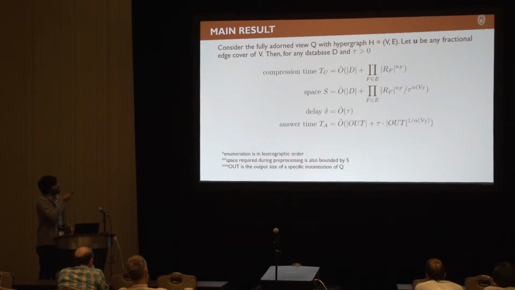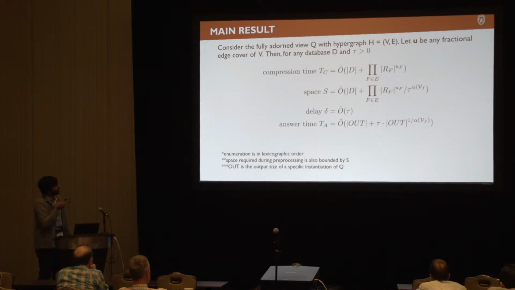And then using this much space, for any particular instantiation of the adorned view, I get tau enumeration guarantee. And the answering time is the time required to enumerate the output plus this overhead of tau times out to the 1 over alpha. So alpha of VF is the slack with respect to the free variables.